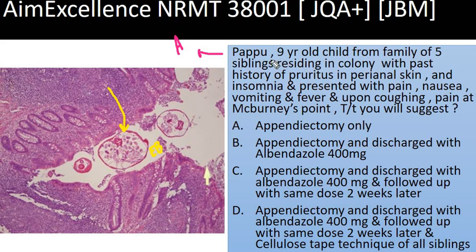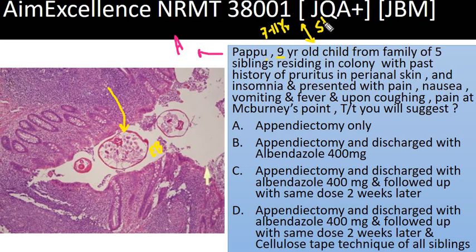What is different out here? This is a Pappu, a 9-year-old child. The appendicitis due to the parasitic infestation is actually common in the 7 to 11 year age group, means children. In the US, it is present across the strata, not limited to the low socioeconomic class.